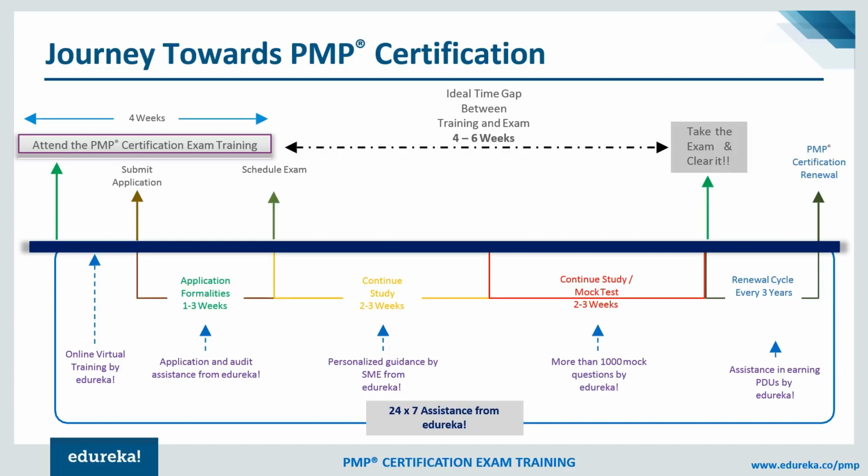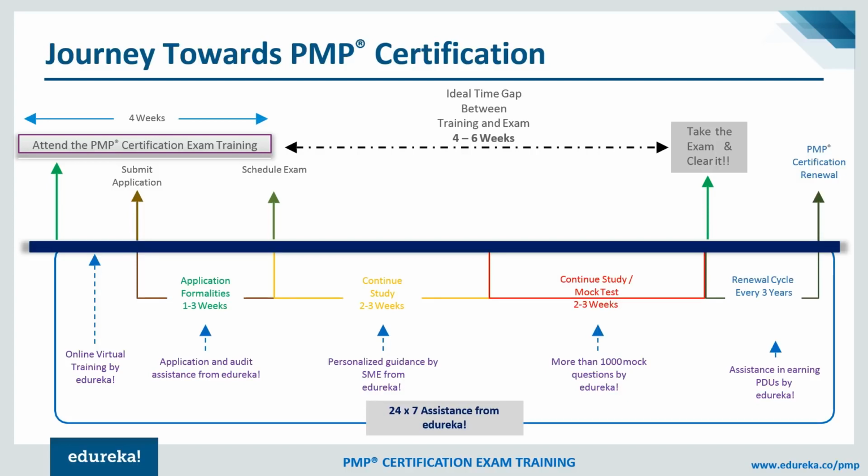Once you submit the final application to PMI, they may take approximately 3 to 4 business days or a maximum of 5 business days to check your credentials, and then they will revert to you, and if your application is accepted, you will be asked to make the payment. And once you make the payment, PMI will pick up, randomly, 20% of the applications for the audit.